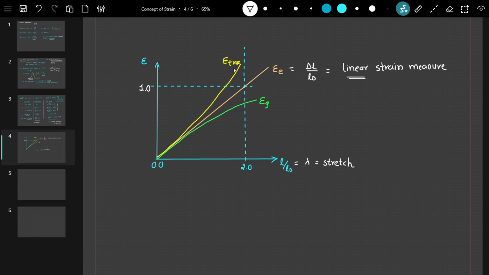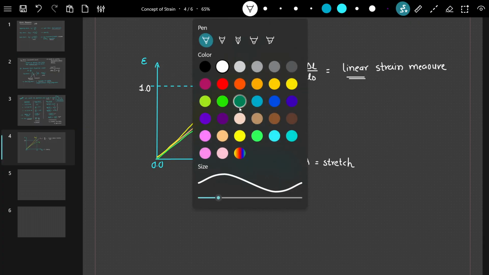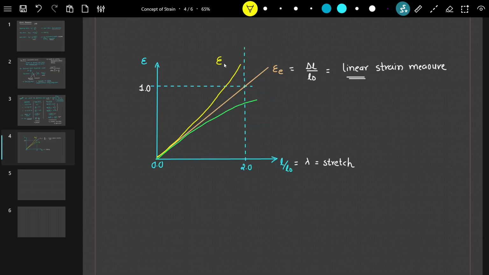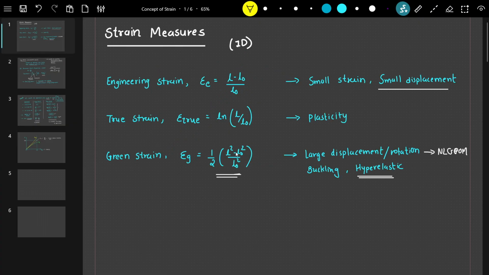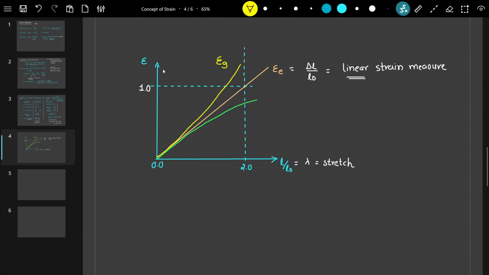Whereas if we plot the true strain and Green strain, I think this is reversed, this is wrong. This is the Green strain, which is 1 by 2 times (L squared minus L naught squared) divided by L naught squared.